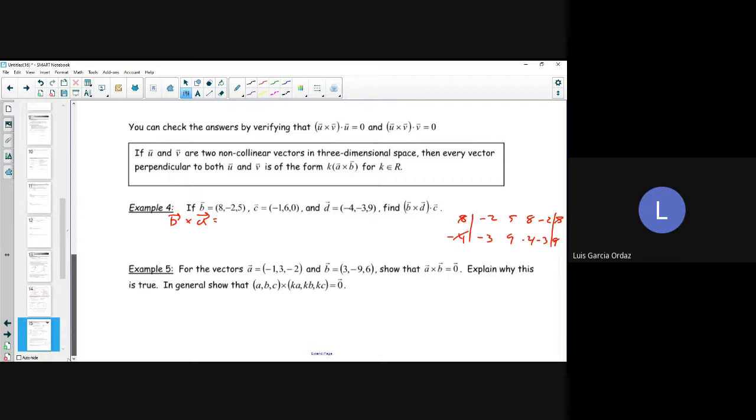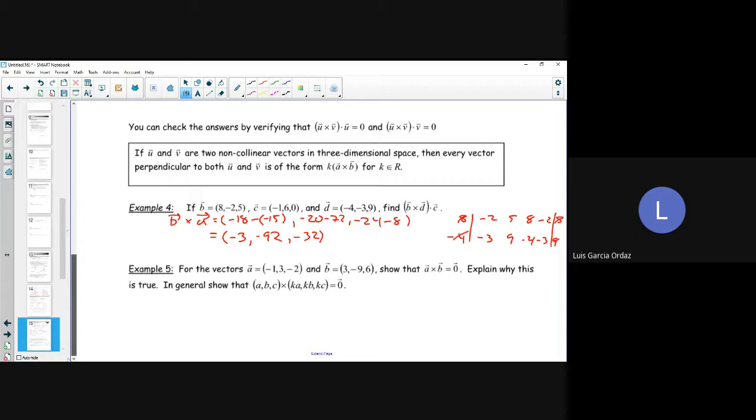So I got -18 minus -15. And I get -20 minus 72. And I get -24 minus 8, which gives me a cross product of -3, -92, and -32.